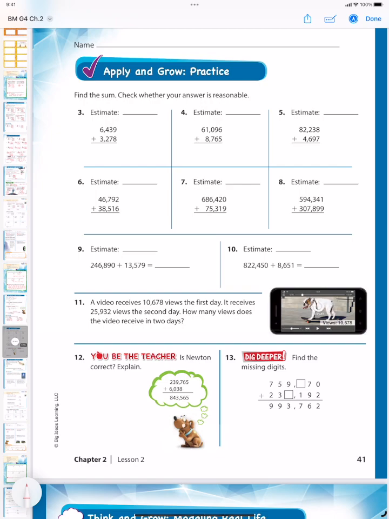This time my target number is 1,000. I'm going to estimate this.